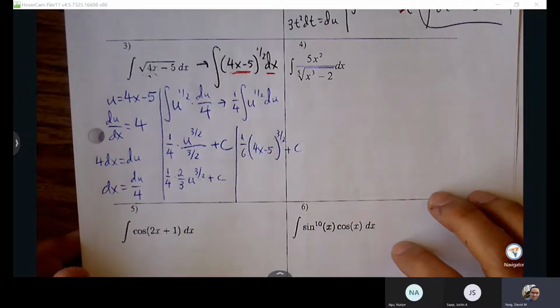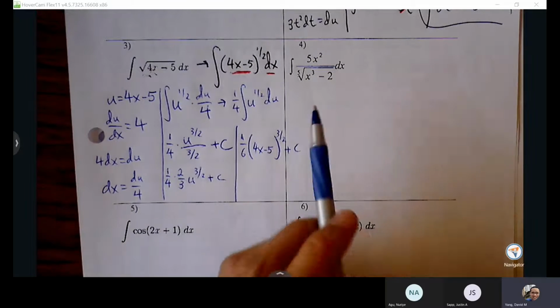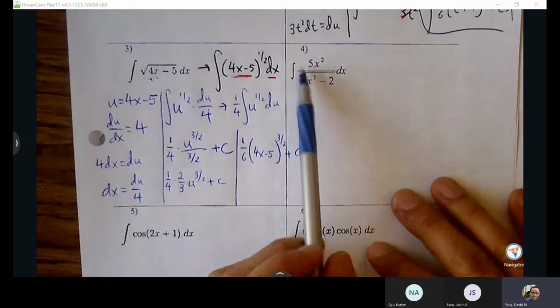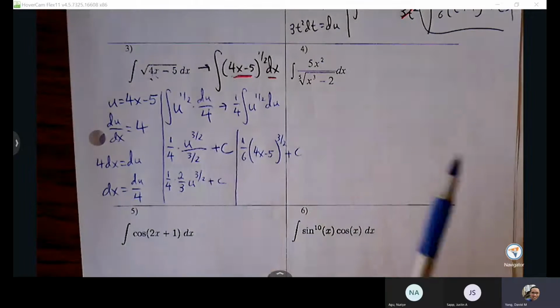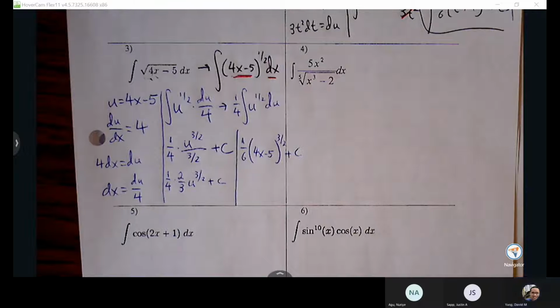All right, number 4. This is too complex to do, right? We can't split the fractions up. There's too many terms in the denominator. We know there's going to be a U substitution, but let's go ahead and get those parentheses to show up.